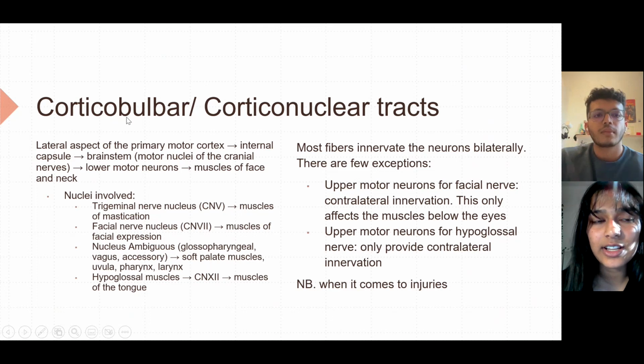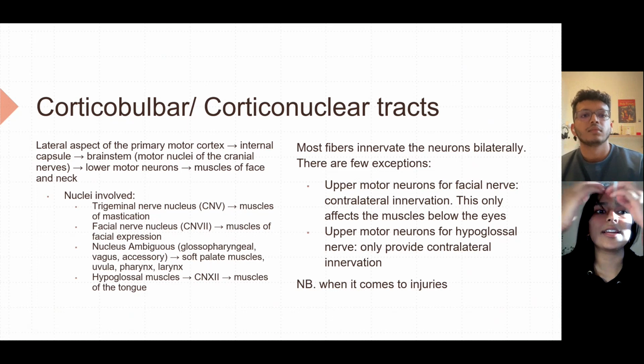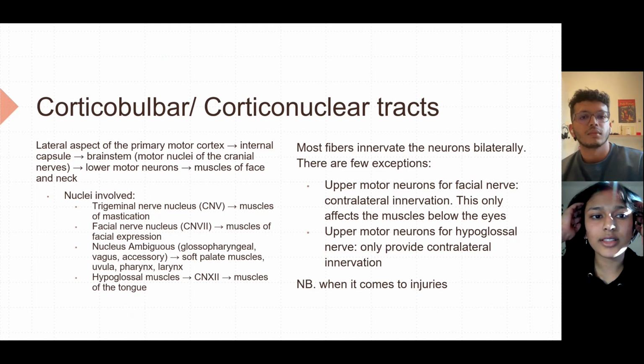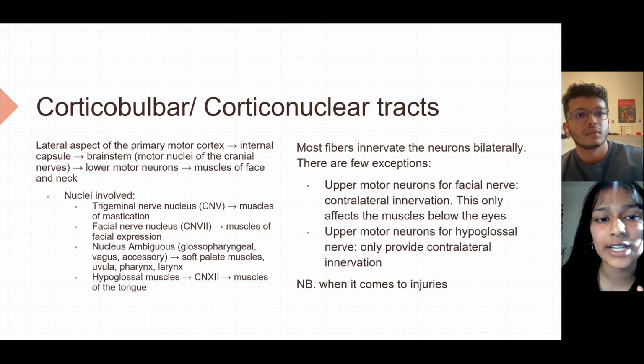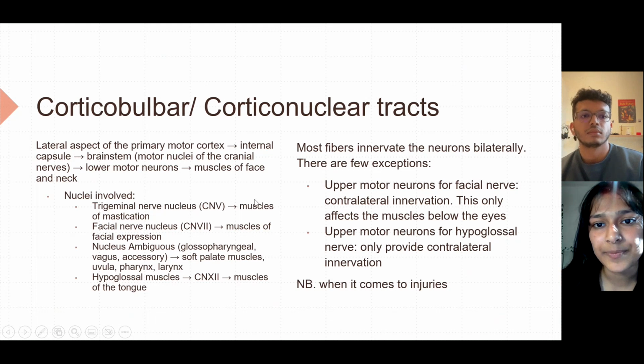And then let's talk about the corticobulbar and the corticonuclear tracts. Now, they start from the cortex and they end in various different nuclei. So I've listed them here just to make it easier. They are responsible mainly to control the muscles of the face.